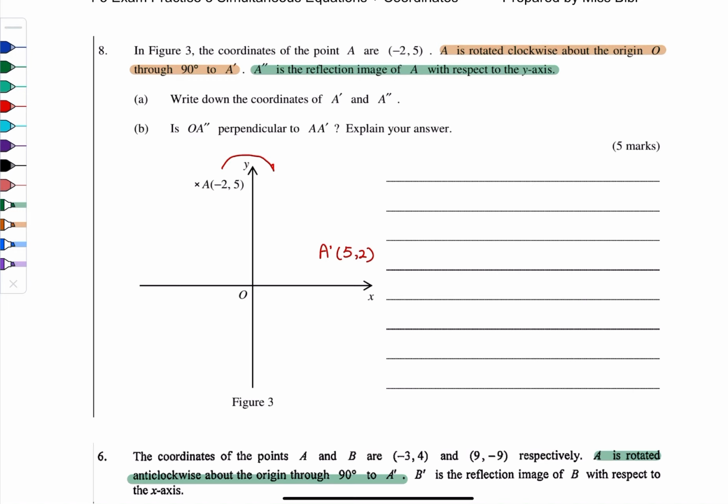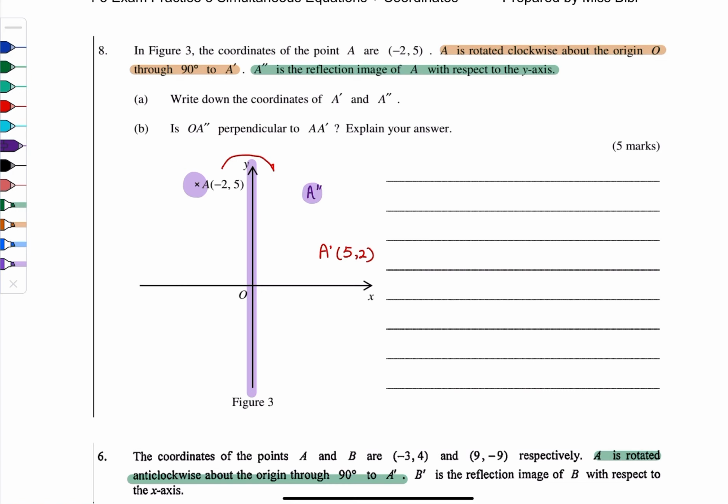So A2 is the reflection image of A with respect to the y-axis. So your mirror now is the y-axis, and you're standing here at point A. Where will you be in your mirror image? Here. That's your new A2.